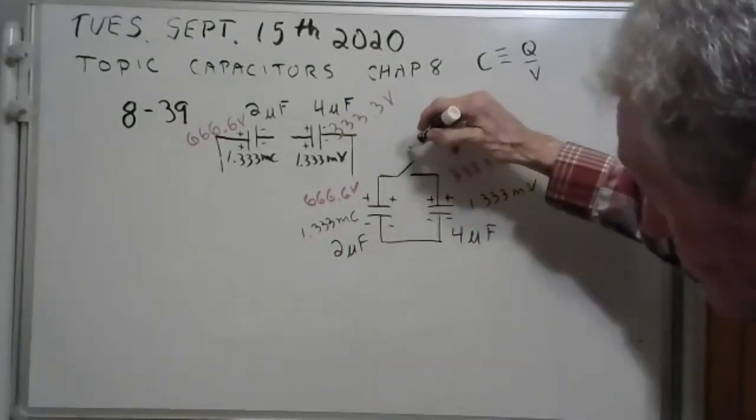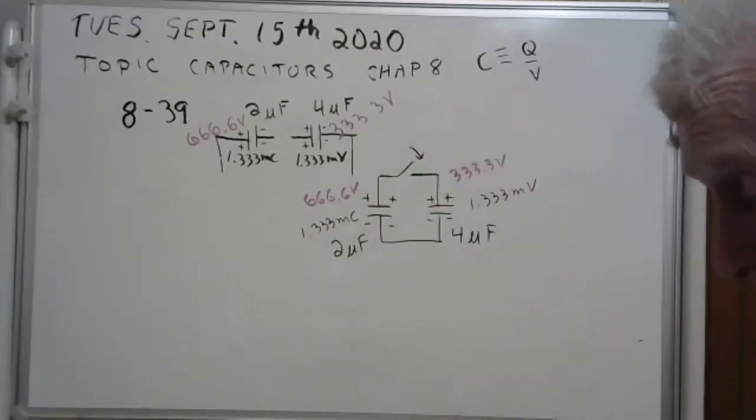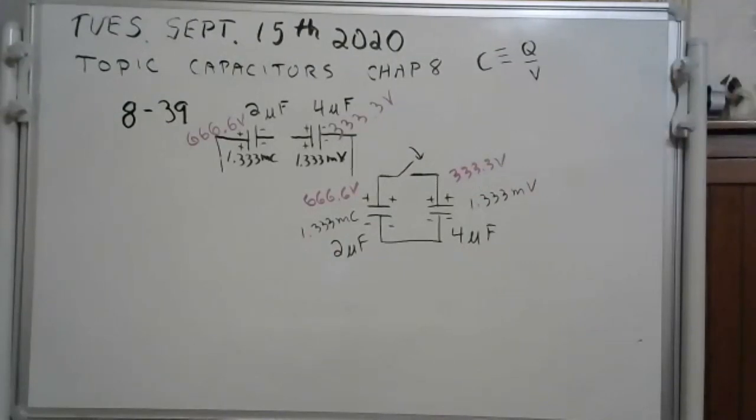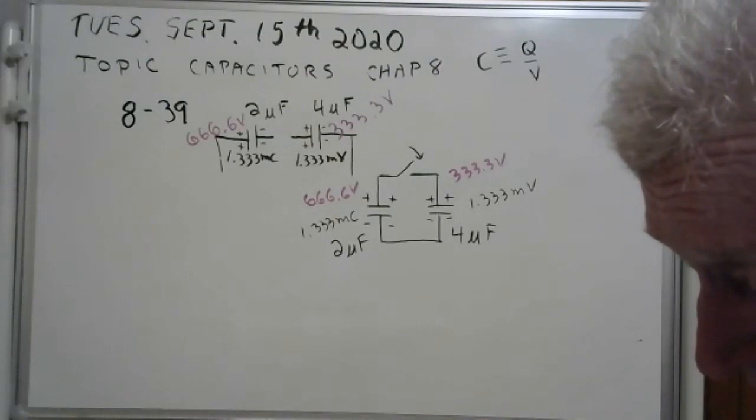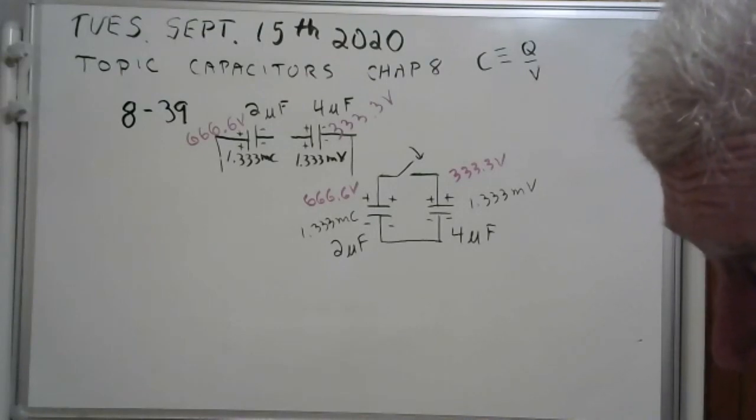But when we throw this switch, what's going to happen? Something's going to happen. Let me ask you, what do you think will happen when you throw that switch? It's in parallel. Well, what do you know about parallel? In series, the charges are the same.